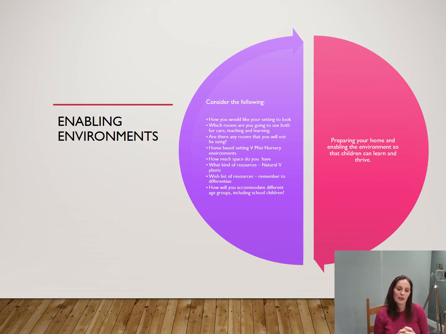Or do you just want to keep it home-based so the children come in and it looks and feels like a home? What kind of resources do you want to put into your setting? Will you be going for lots of plasticky type resources, or will you be going for more natural resources, wooden resources, open-ended resources? How will you accommodate the different age groups, including school children? So basically preparing your home and enabling the environment is actually key, and it's perfect for children to learn and to thrive.